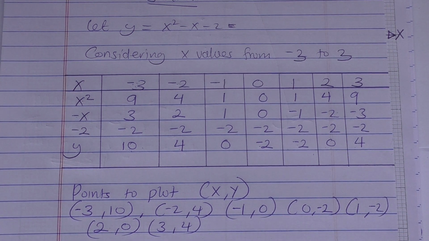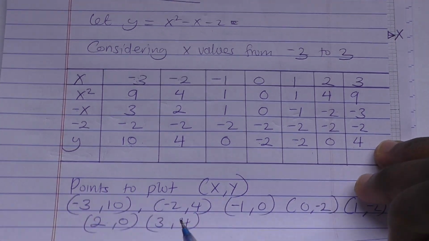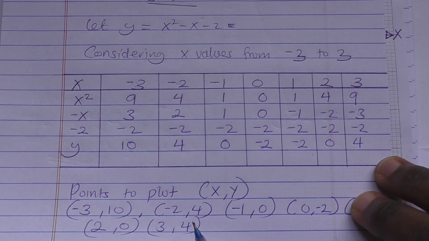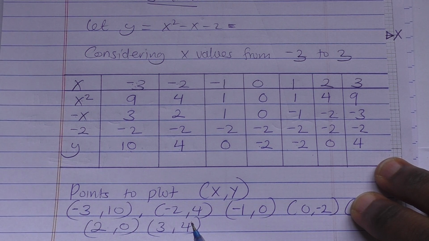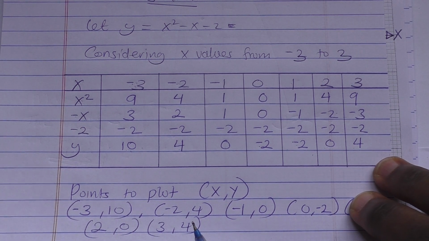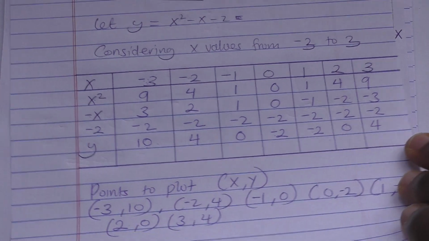These are the points that we are going to plot on our graph. Then the points where that curve will cut the x-axis will be our solutions to the question. Remember, the question is asking for solving the quadratic equation using graphical method.